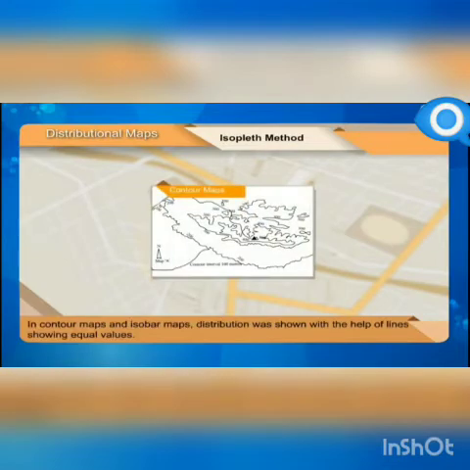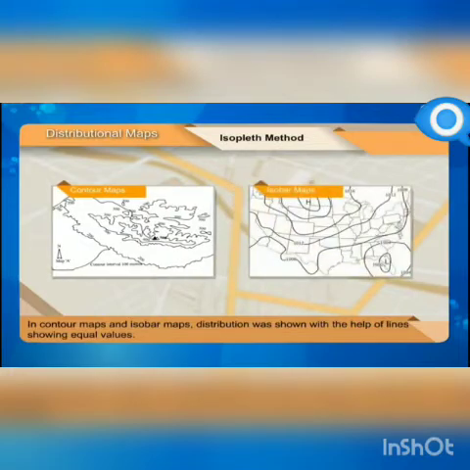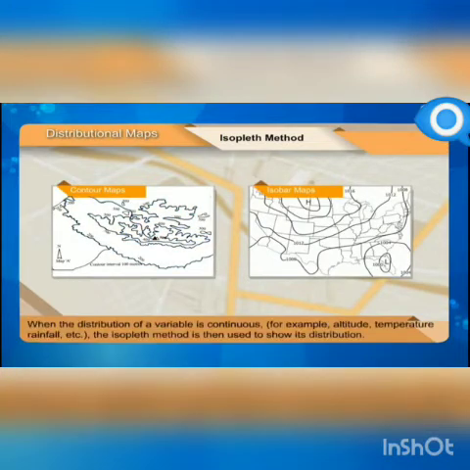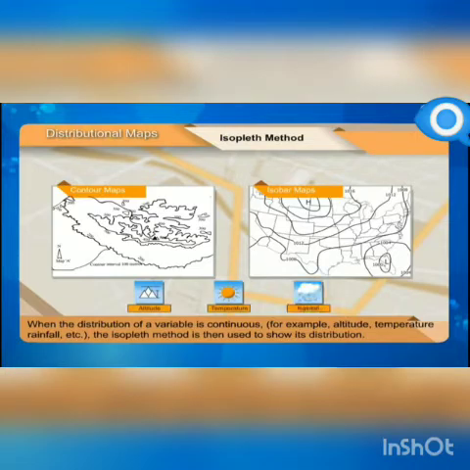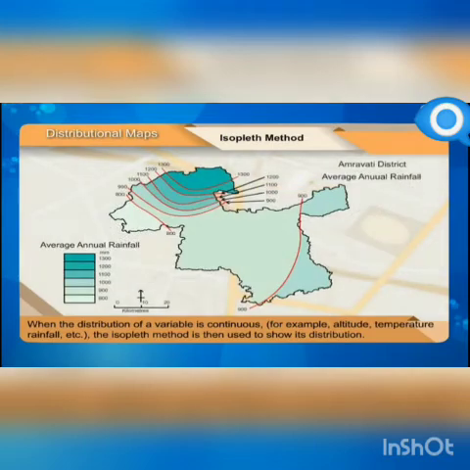Now the isopleth method, where isobars, the lines joining the same values of variables, are used. The contour map and isobar map distributions are shown with the help of lines showing equal values of the variables. When the distribution of a variable is continuous, for example altitude of an area, temperature in an area, or rainfall, the isopleth method is used to show its distribution.